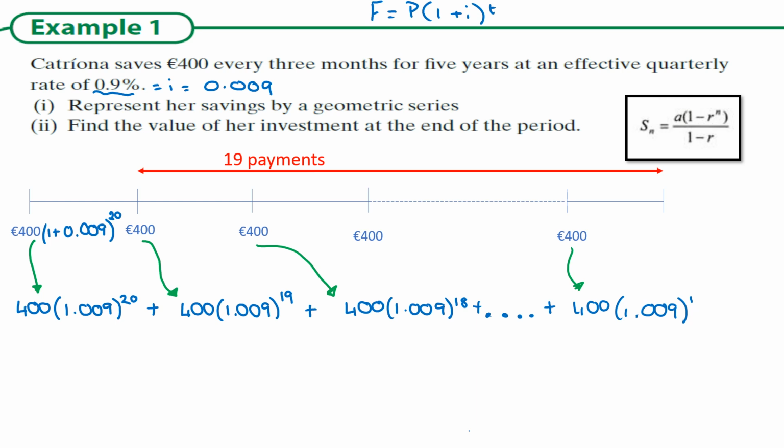So we need a better way to do this, and that is by using our geometric sequence. So the first question asks us to represent her savings by a geometric series, and we effectively have done this.